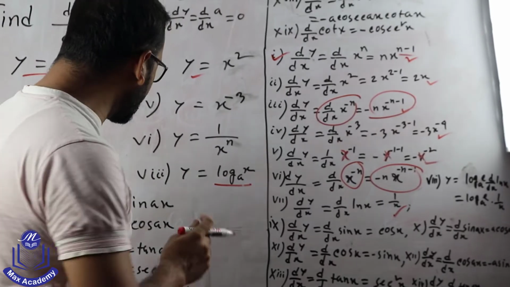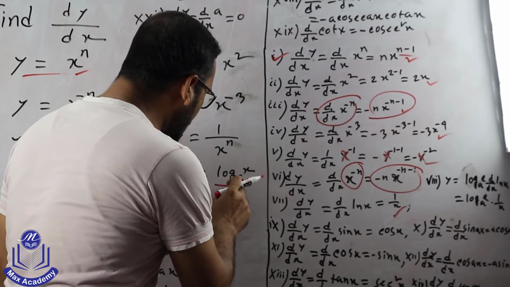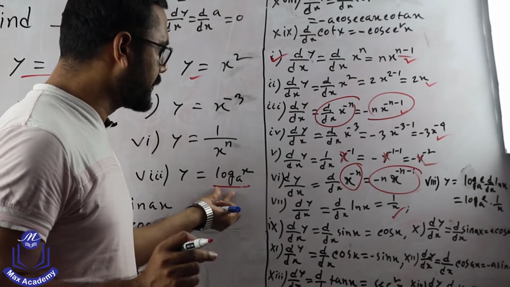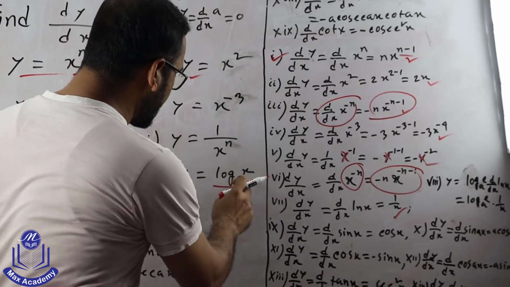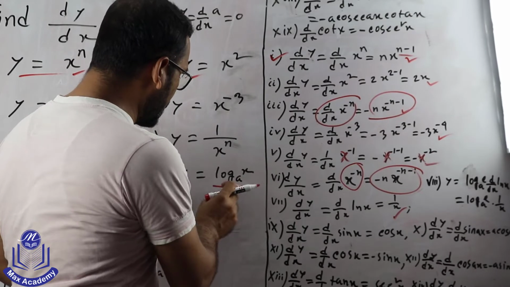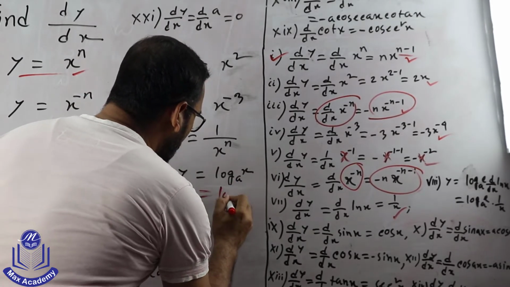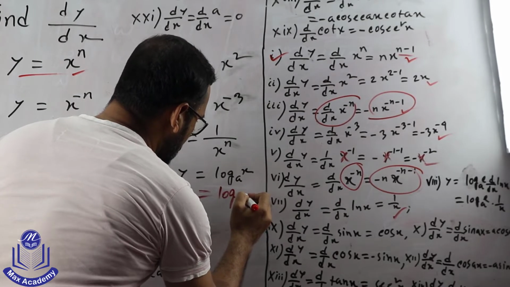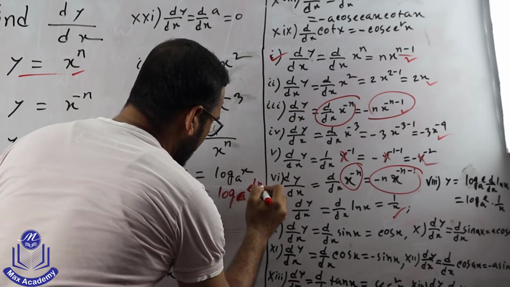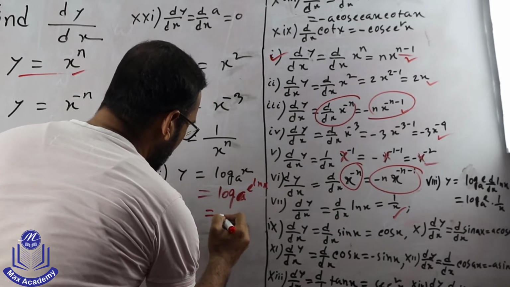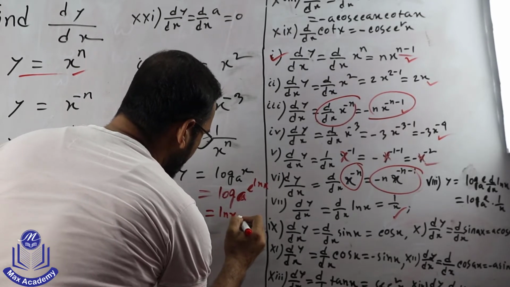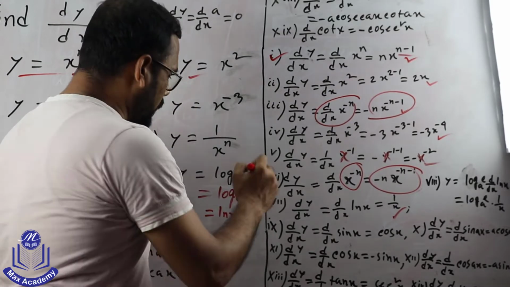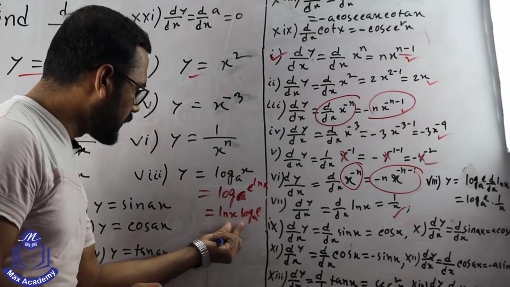The next question is y equals log base a of x. So first of all we need to reduce this expression. If we reduce it, it will be log base e of x times log base a of e, that is ln x times log a to the base e. So we need to just differentiate this one.